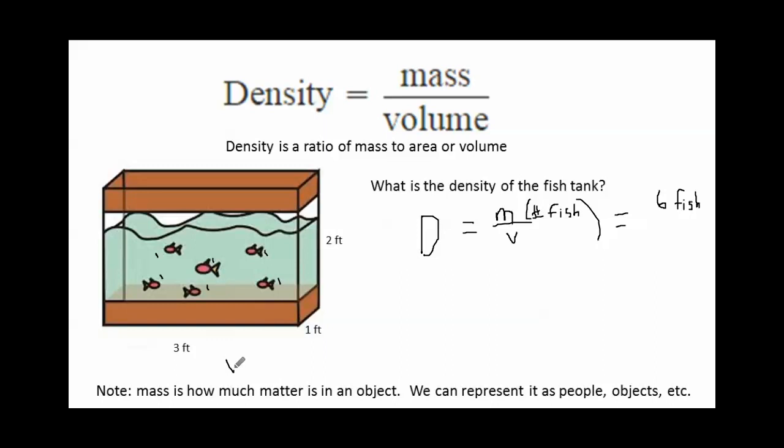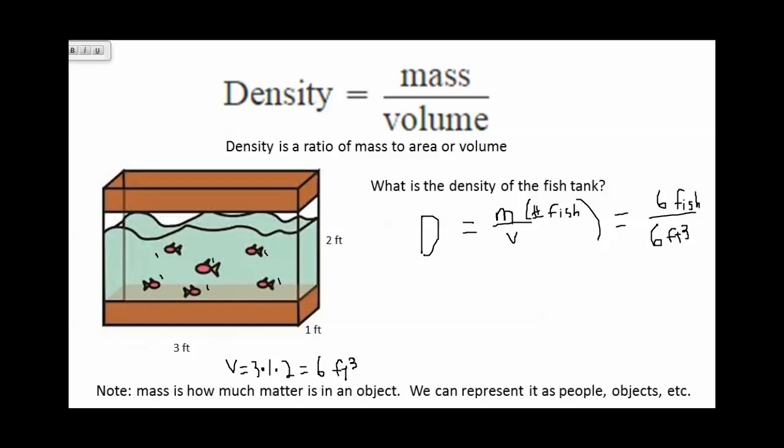So 6 fish per 6 feet cubed. 6 divided by 6 gives me 1. So I have 1 fish per, that division bar we can write out as per foot cubed, or per cubic foot in my fish tank.